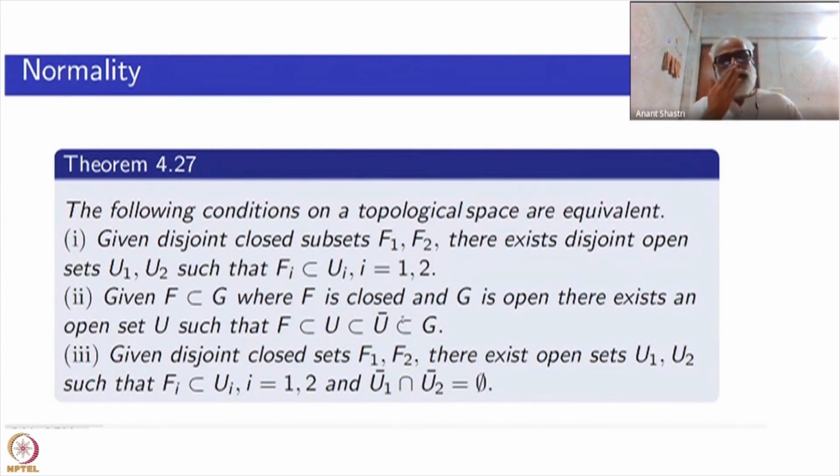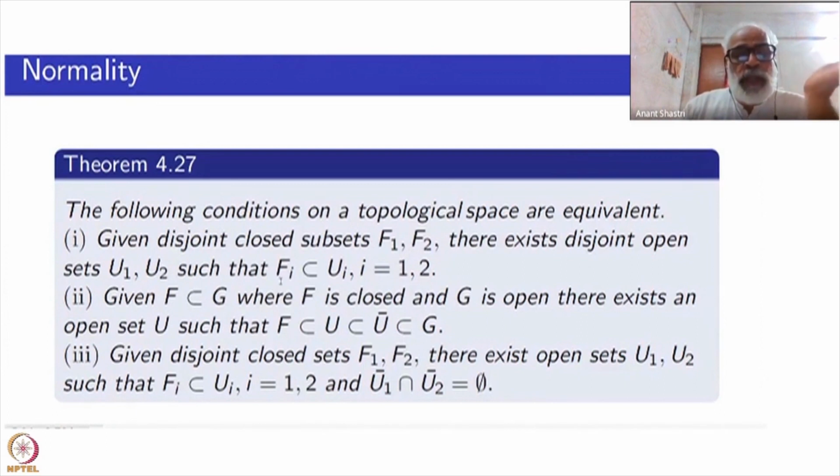But the difference is now, given disjoint closed subsets F1 and F2, there exist disjoint open sets U1 and U2 such that F1 is contained inside U1 and F2 is contained inside U2. So you know the immediate difference. Instead of a point and a closed set, I have taken 2 different, disjoint closed subsets. So that is the difference.